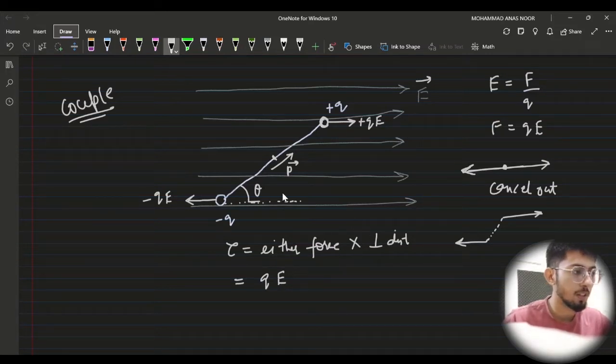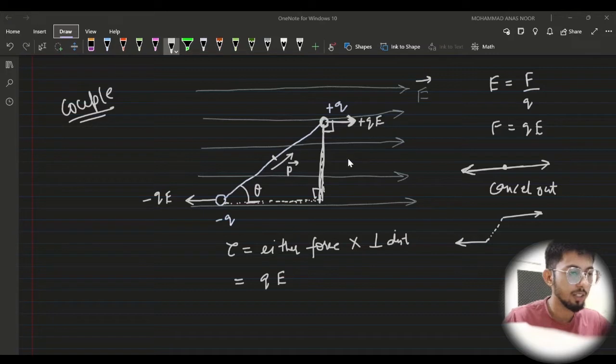The perpendicular distance will be this distance, because we have taken this force into consideration. Then we take the perpendicular distance of this force from the other charge. From the other charge we draw a line like this, and then we draw a perpendicular 90 degrees from that force. So this is how we find the perpendicular.